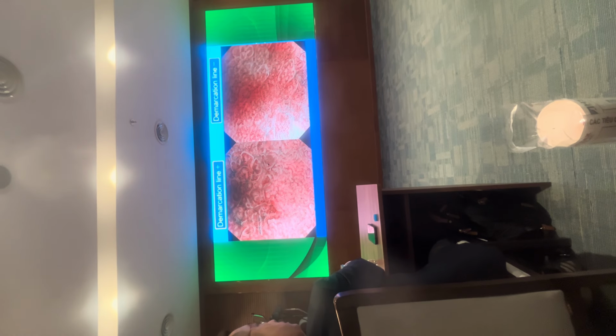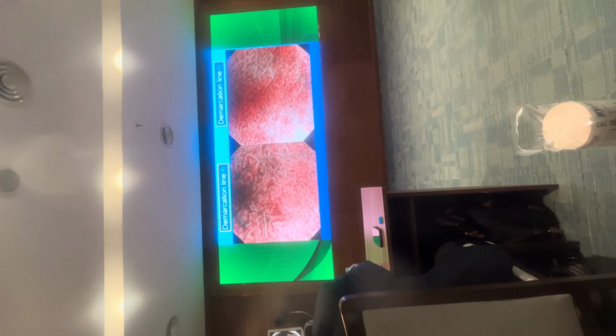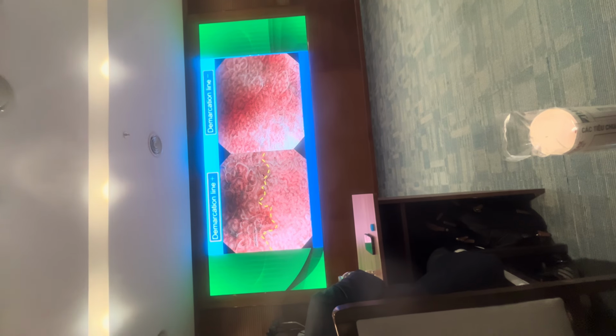In this picture, the microvascular and surface pattern is changed abruptly, and we can delineate the demarcation line like this.